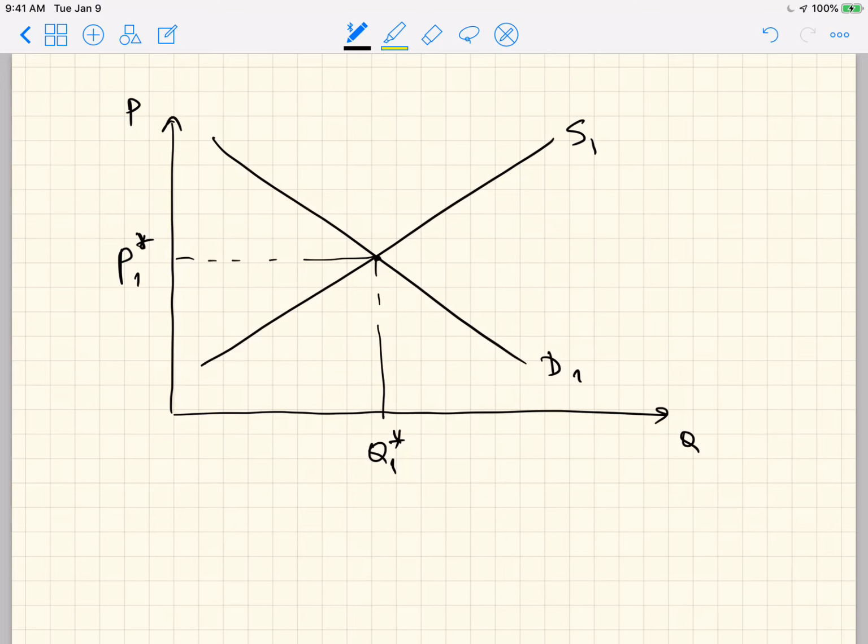Now imagine that both curves shift in response to two things changing. So another nice thing about this is that one thing only going to affect one curve. So if you have two things happening, well, you can be quite sure that both curves are going to shift. You just have to figure out which change affects which curve and in which way.